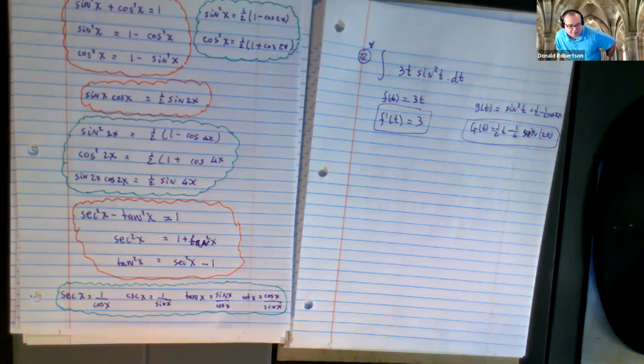Aren't 99% of trig integrations u-subs? You may have to do some algebra to make it happen, but they tend to be u-subs. This one is an example where you don't use a u-sub, you actually do integration by parts, but they're pretty rare. Okay, last name and bye-bye.